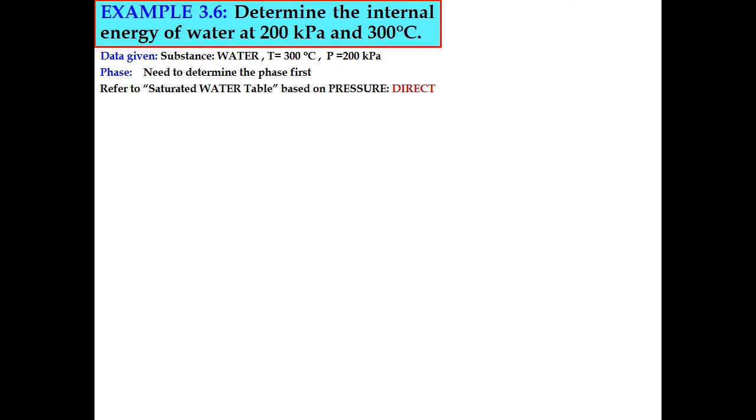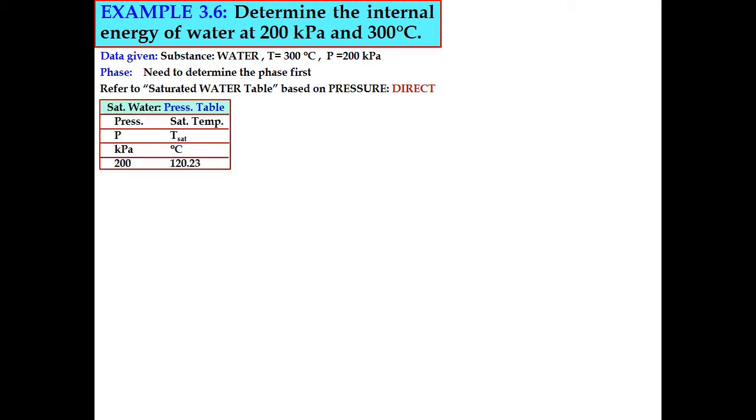Refer to the saturated water table based on pressure. By using the pressure table, we can obtain the data directly from the table. This is the table for saturated water based on pressure.